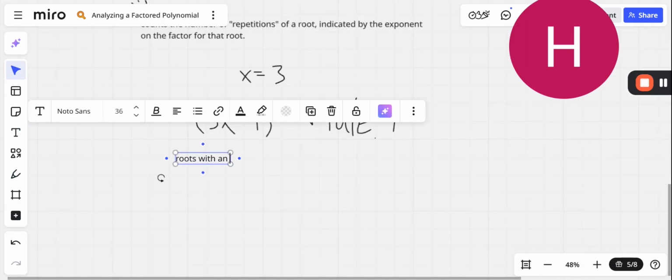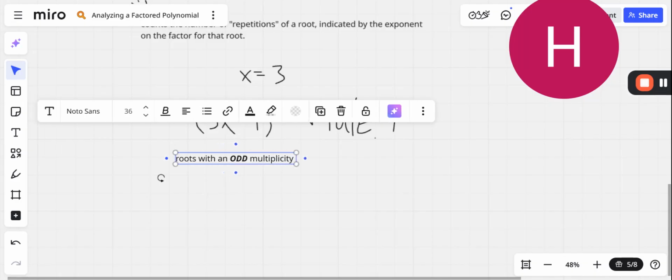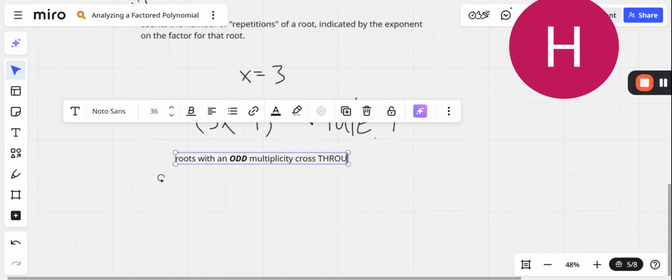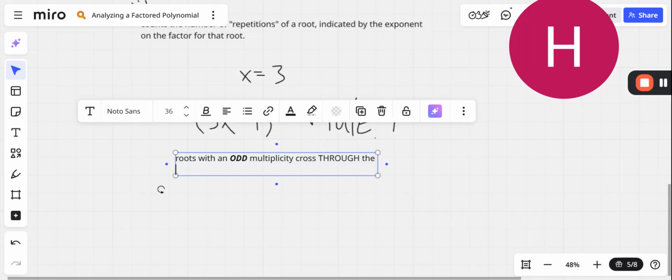Roots with an odd multiplicity cross through the x-axis according to their exponent behavior.